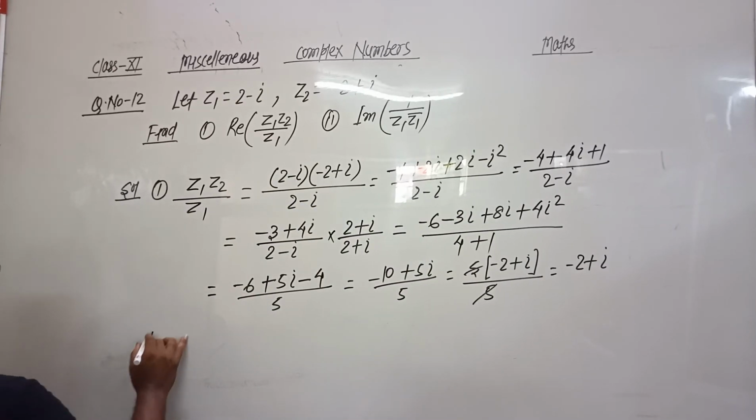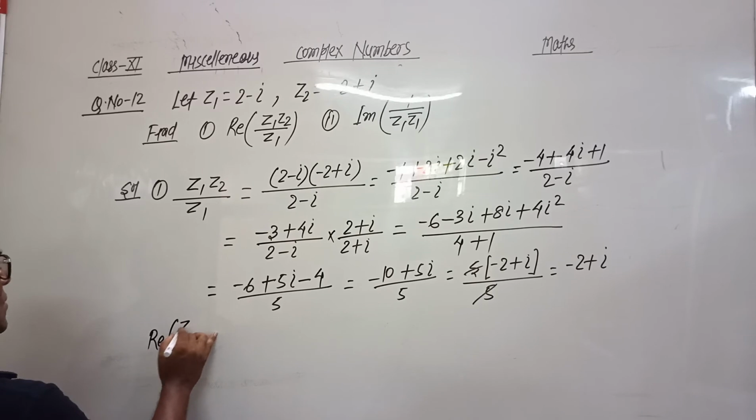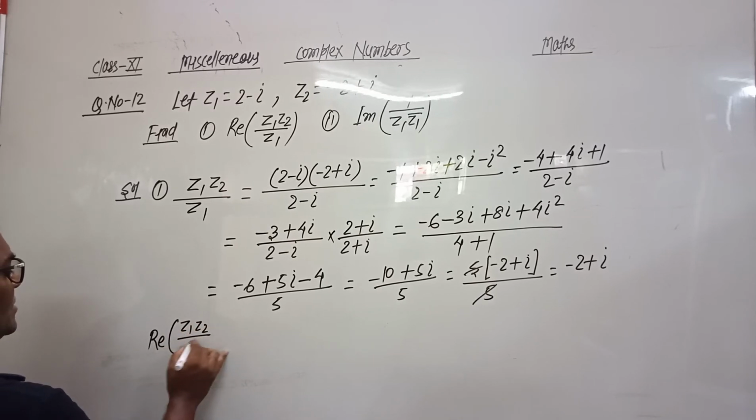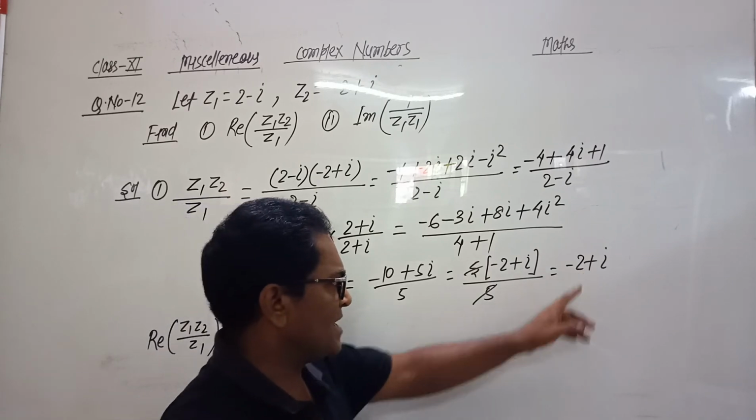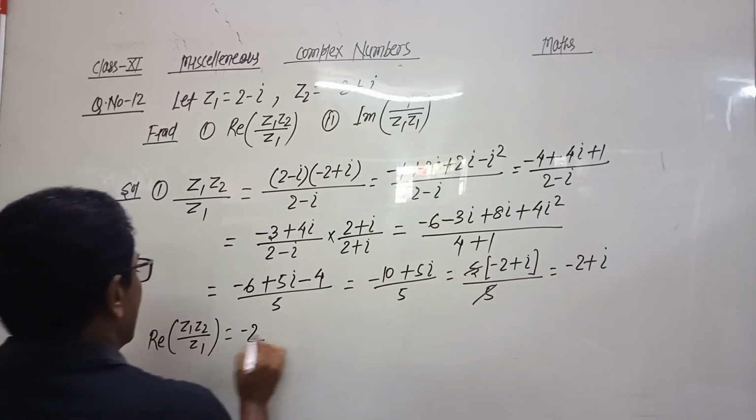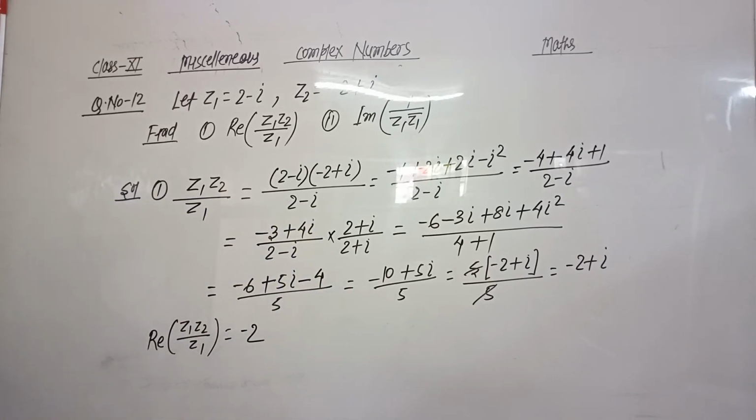So we have to write the real part of Z1 into Z2 upon Z1. So the real part is minus 2. So the answer is minus 2.